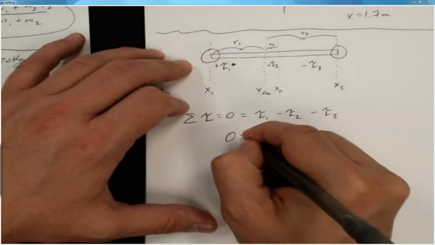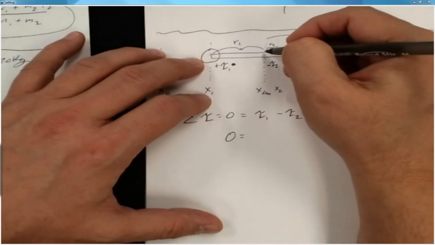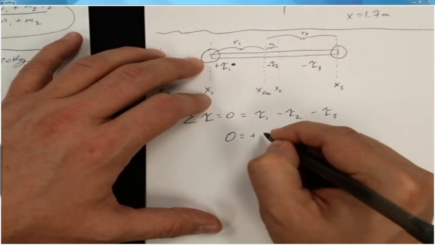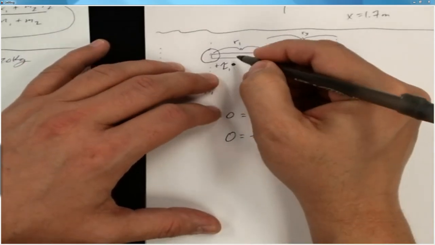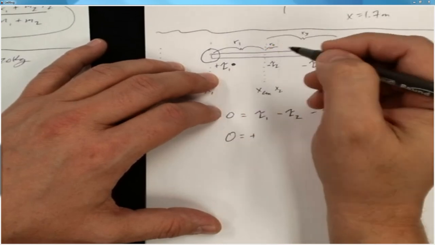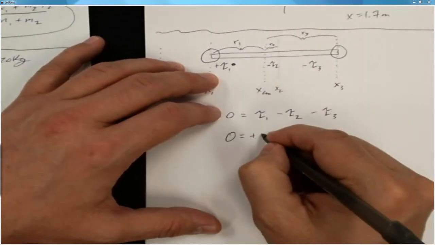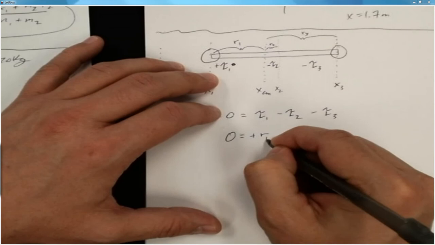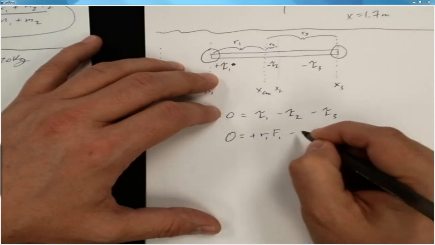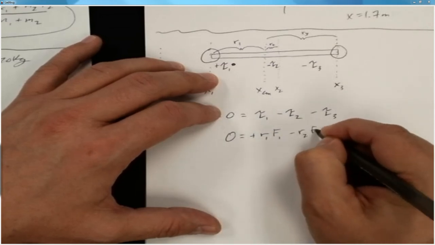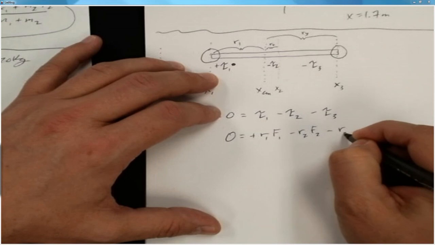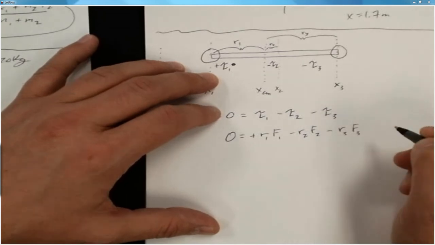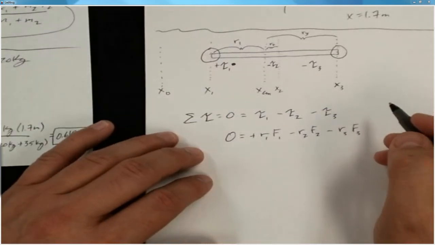So 0 is going to be equal to positive. Now this torque is going to be R times F. So R1 F1 minus R2 F2 minus R3 F3. F in all cases is going to be equal to mg.